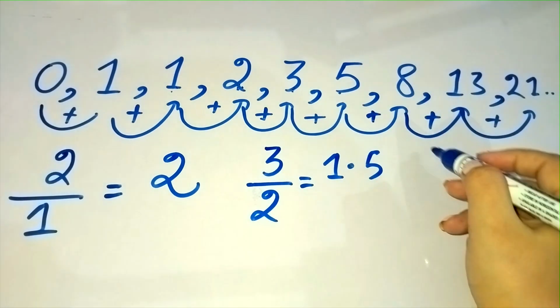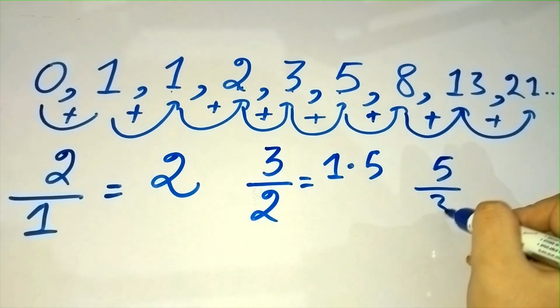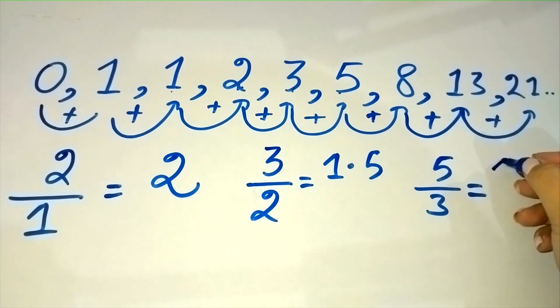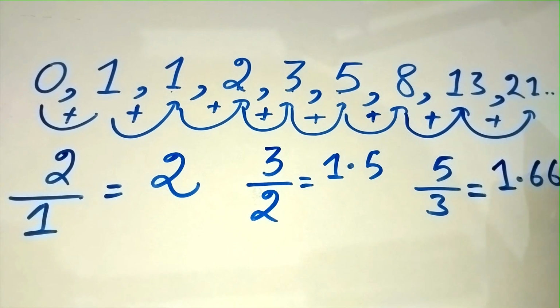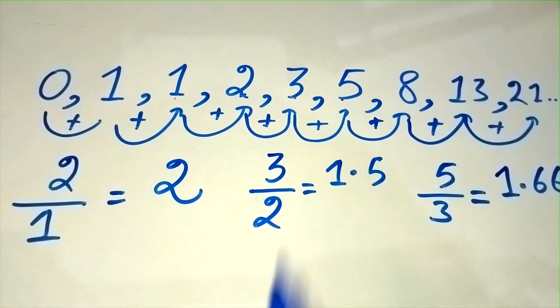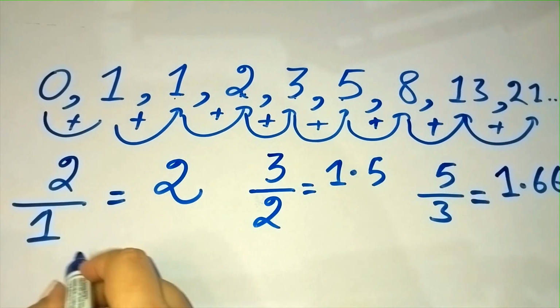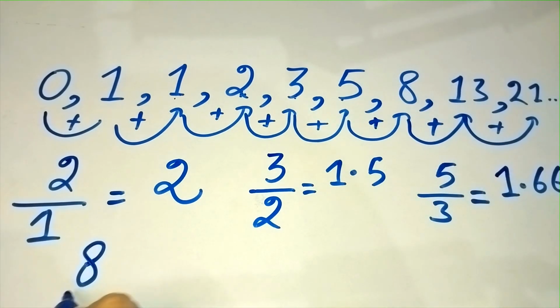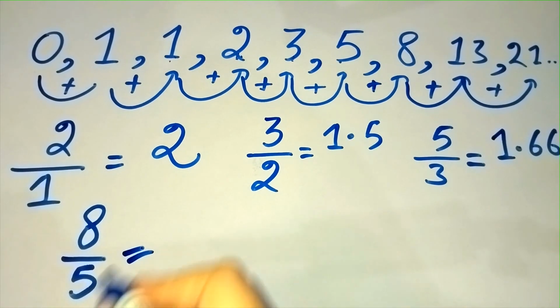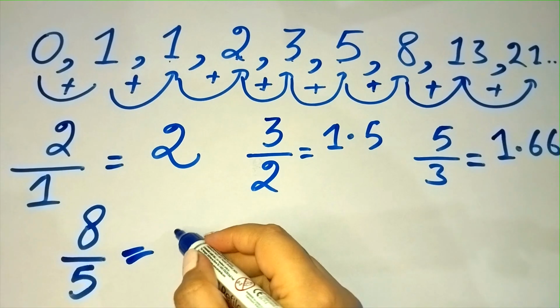Then 5 divided by 3 is 1.667. Now if I divide 8 by 5, what will I get? I'll get 1.6.